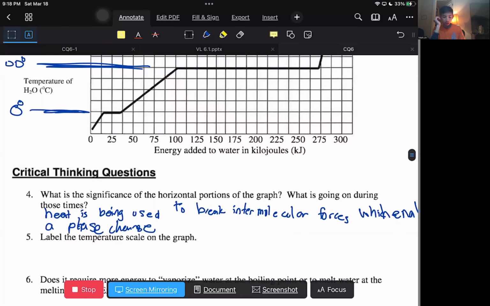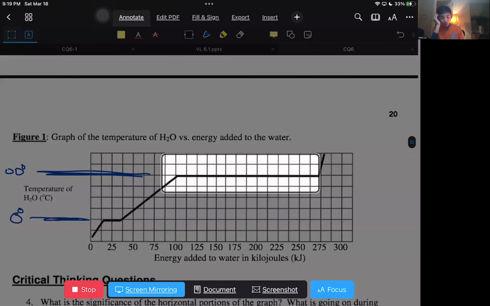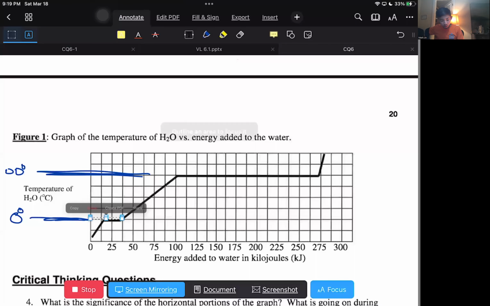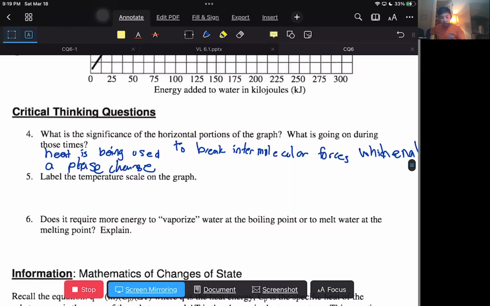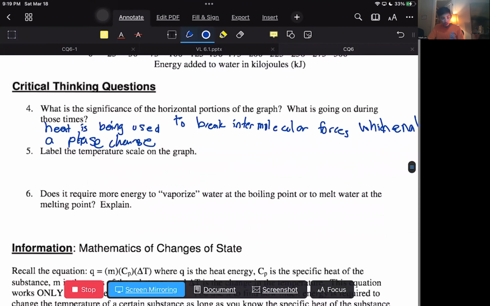Notice how this line is longer, because it takes an incredible amount of energy. We're going from 100 kilojoules to 275. So it takes a lot more energy to evaporate than this small little thing right here. So we can just put down the line is longer.